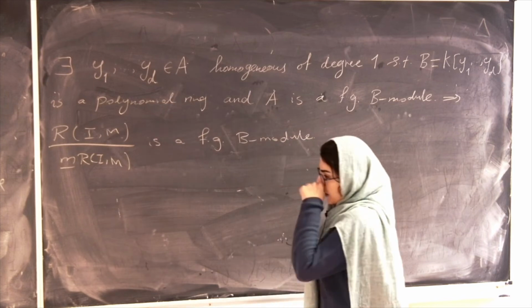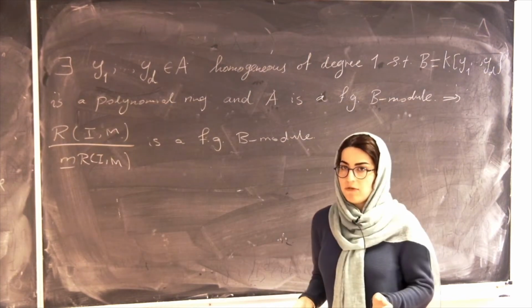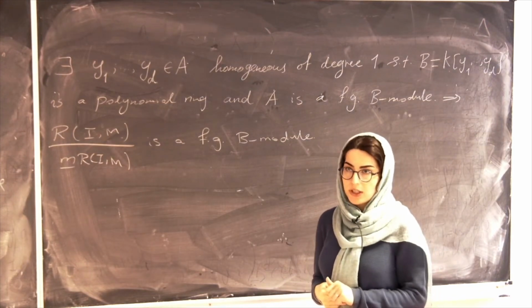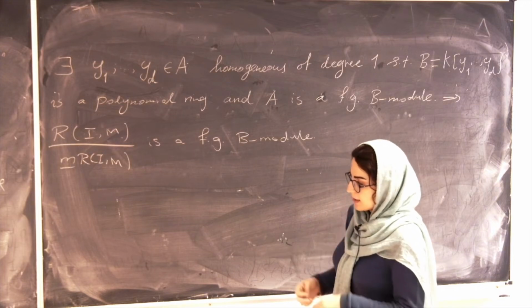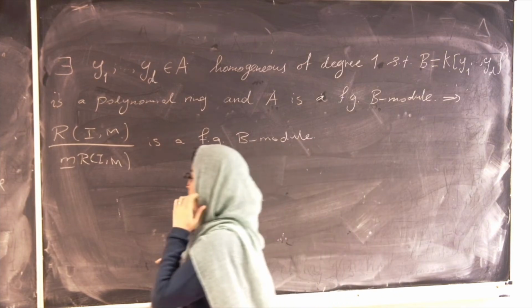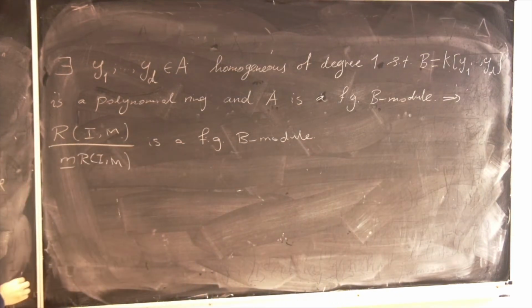So I want to find the ideal J, which at the same time is a reduction ideal of I, and mu of J is exactly d. What is the candidate for J?